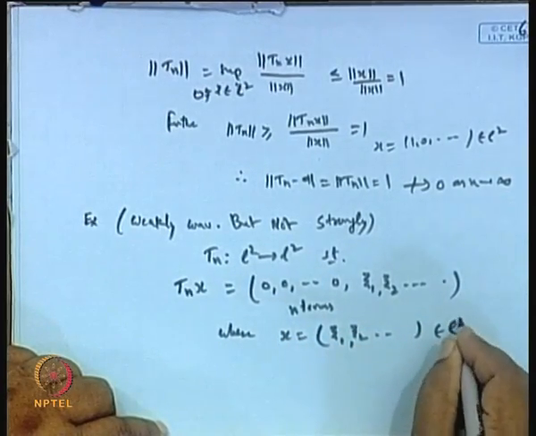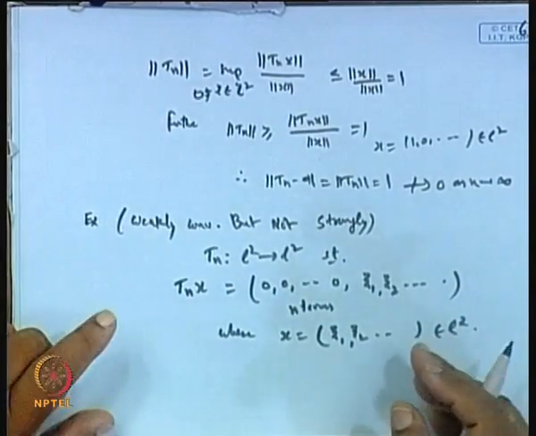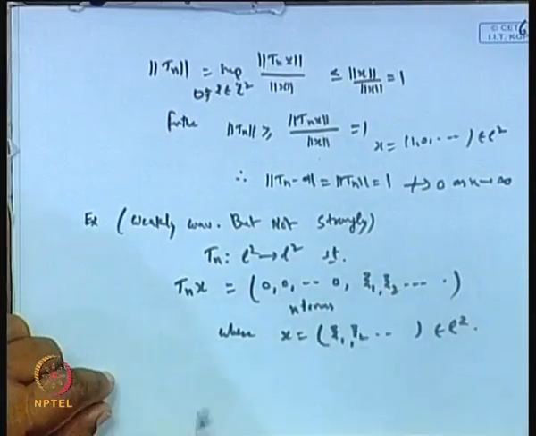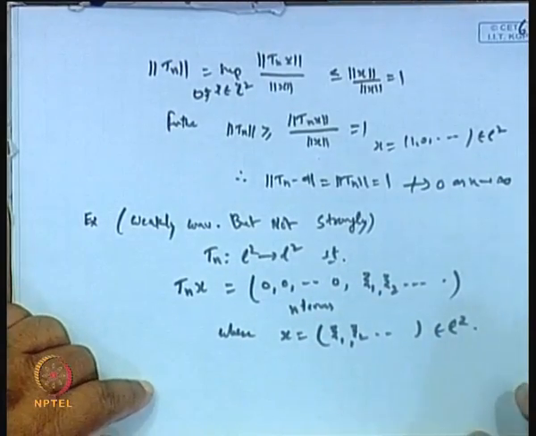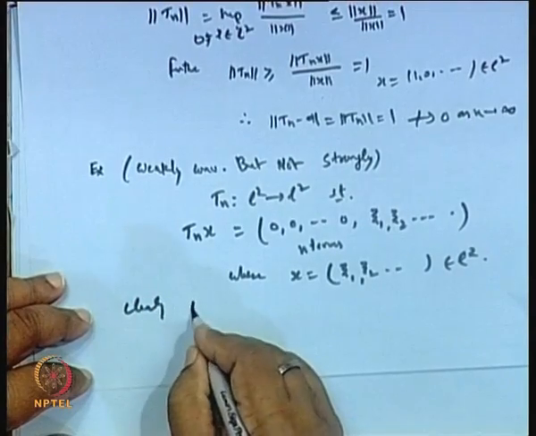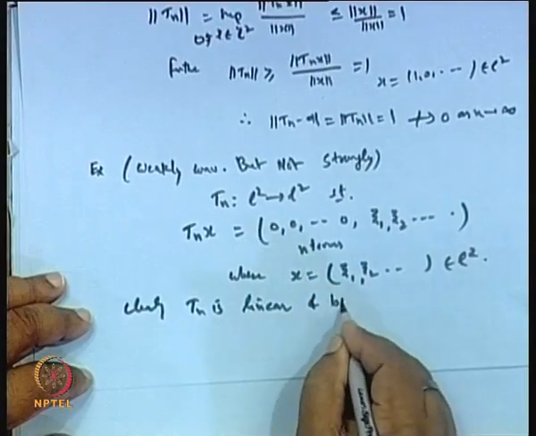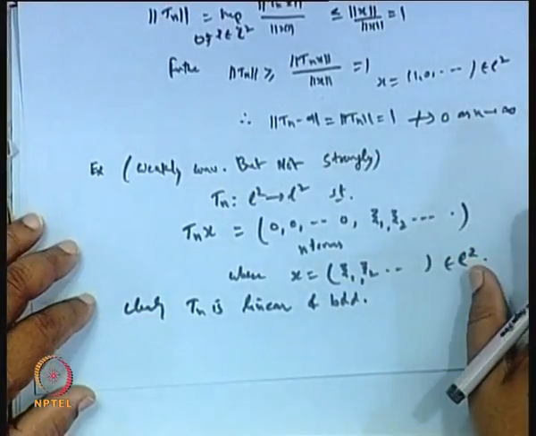It is a shift operator, and the digits are shifted by n. Now, this operator is clearly linear; T_n is linear and bounded. I think there is nothing to prove here, is it not?